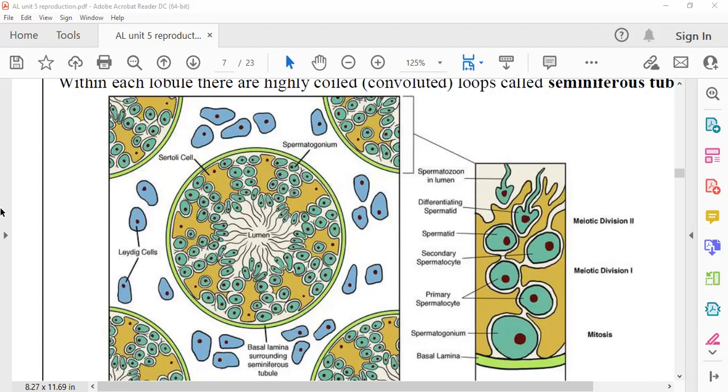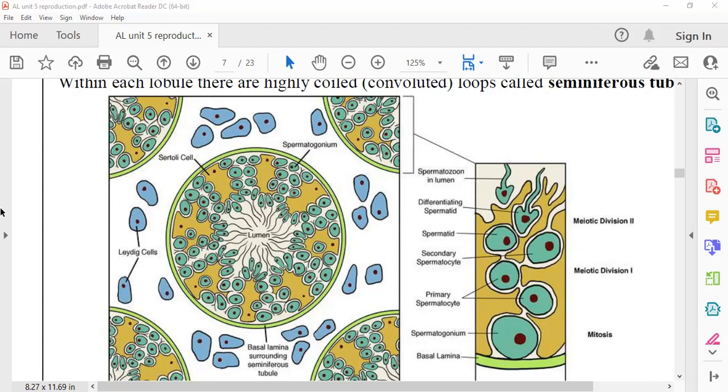In every lobule, how many seminiferous tubules will be there? 1 to 4. It can be at least 1 and at most 4. Clear? Clear, sir.